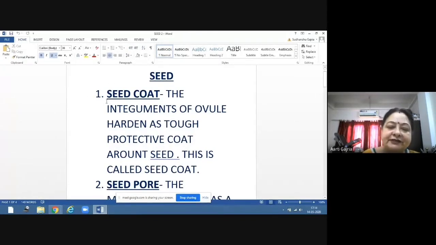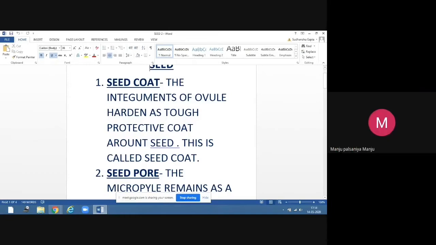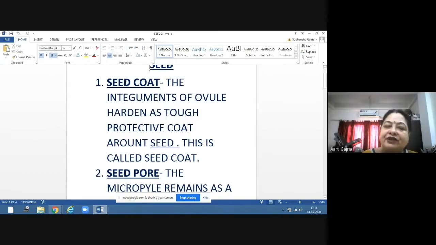If we see the structure of the seed, the seed coat is there, which is the protective covering surrounding the seed. Now this seed coat is formed by the integuments. Do you remember the structure of the ovule when we were discussing the ovule? We discussed that there are layers of integuments surrounding the embryo sac.